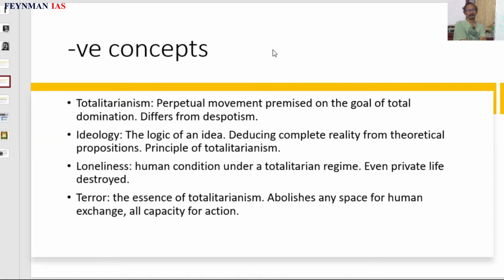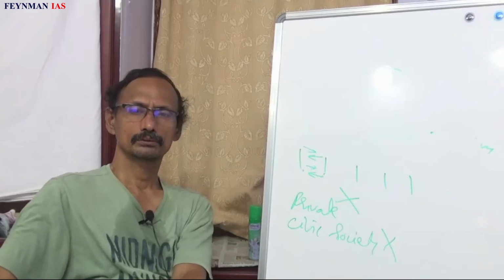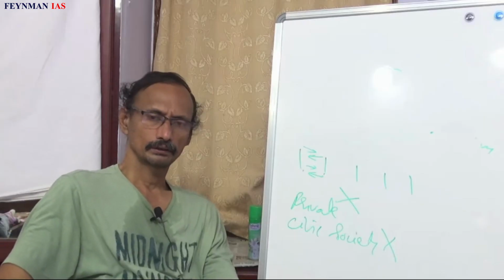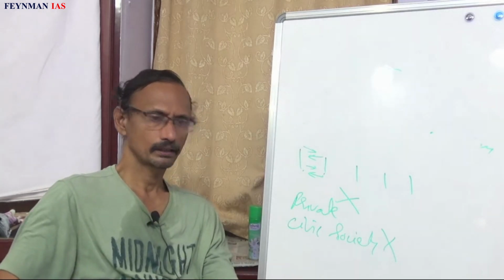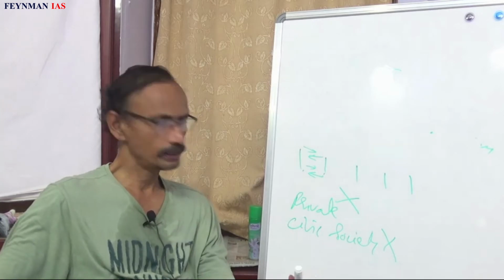And all this is guided by an ideology. To her, ideology means the logic of an idea, deducing complete reality from theoretical propositions, the principle of totalitarianism. So she wants to say that totalitarian societies are created by ideologies.